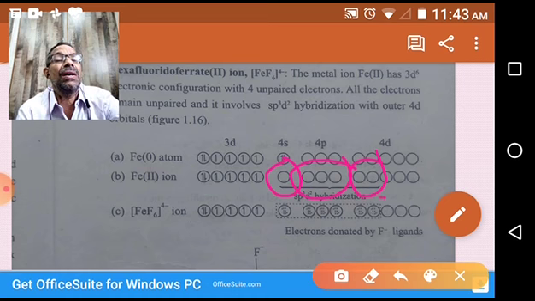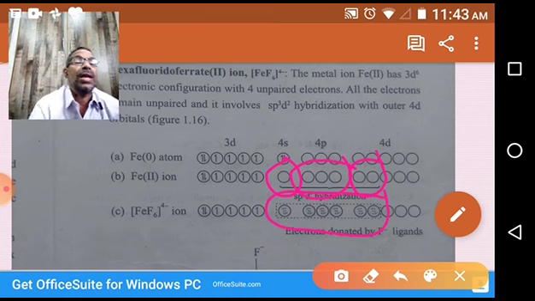You see, these are the sp3d2 orbitals: 1 s orbital, 3 p orbitals, 2 d orbitals. Due to this sp3d2 hybridization, 6 sp3d2 orbitals are available for bonding with 6 different fluoride ligands.